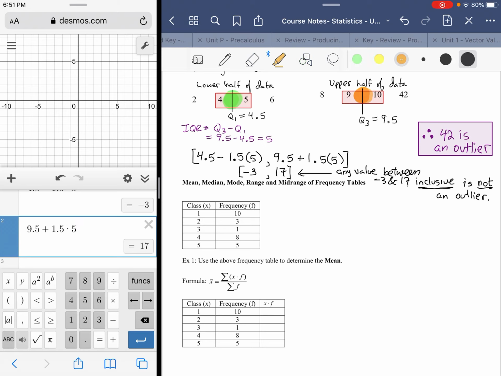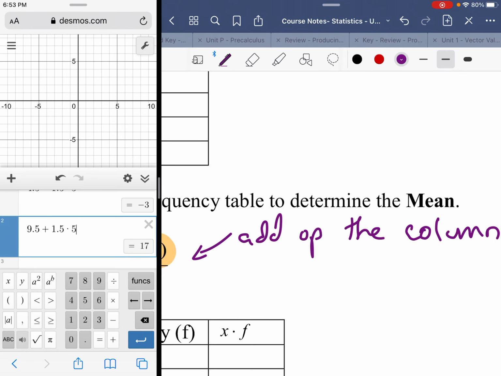What this is telling us to do is add up the column containing x multiplied by f. I think the one on the bottom probably makes sense once you get used to the fact that that funky looking E means add up.